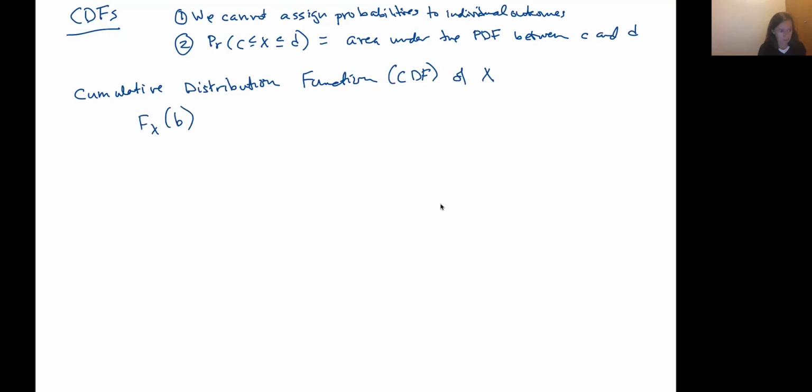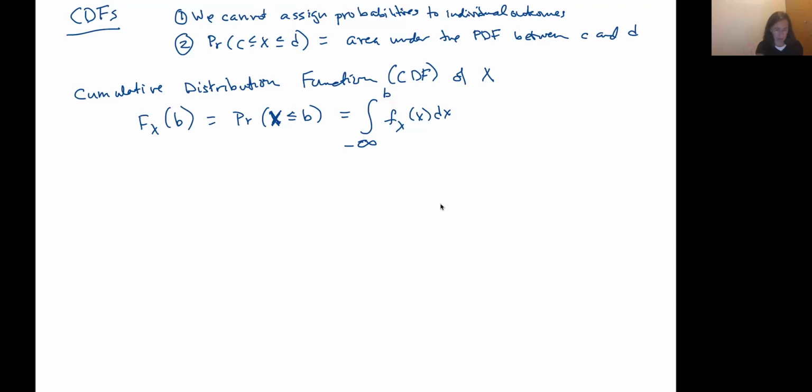So capital F of x, it's the probability that x, this is again capital letter random variable, x is less than or equal to b, and that is the area under the PDF, little f of x, the PDF of x, between negative infinity and b.